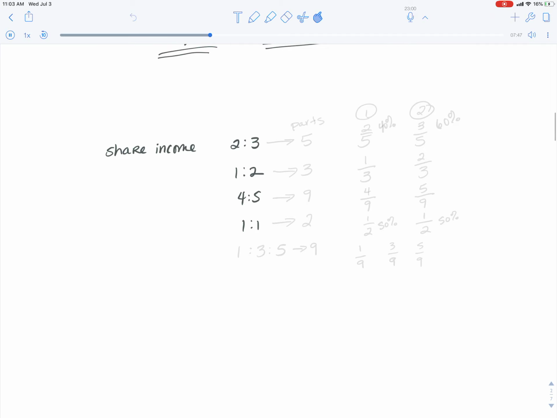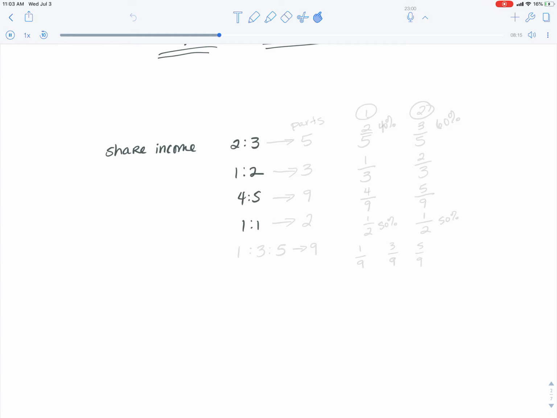One important concept that you're going to see in a lot of problems is this weird way of sharing income and how it's shown. It's not shown in percentages, it's shown in 2 to 3, or it might be 1 to 2, or 4 to 5. Well, I'm going to show you how to convert that into percentages so that you can calculate how much they're sharing income. So here's the trick.